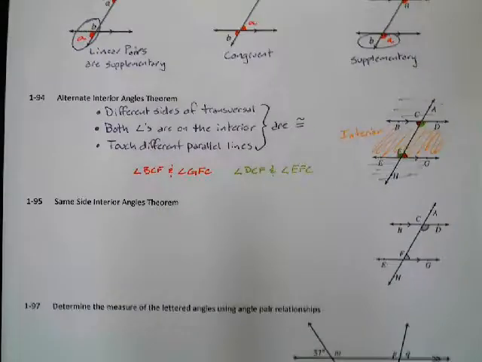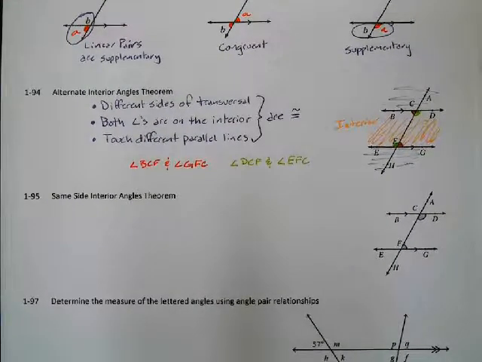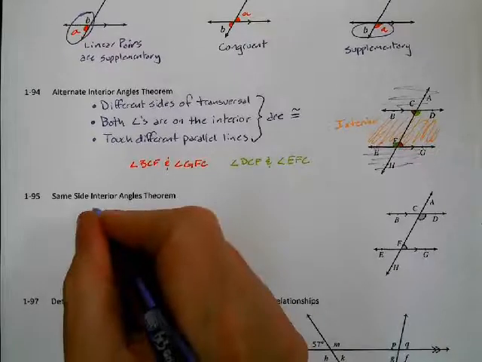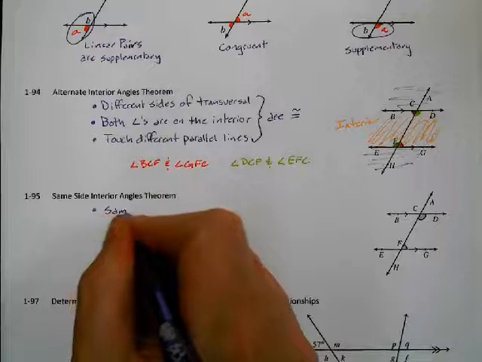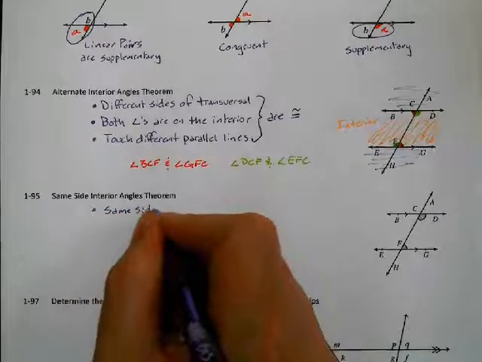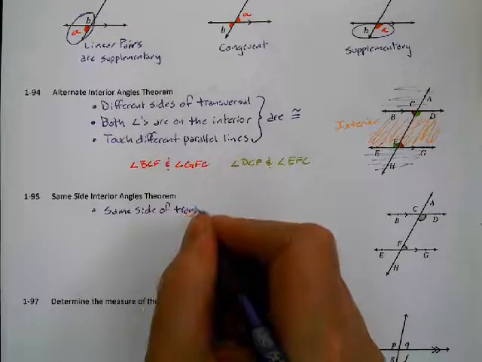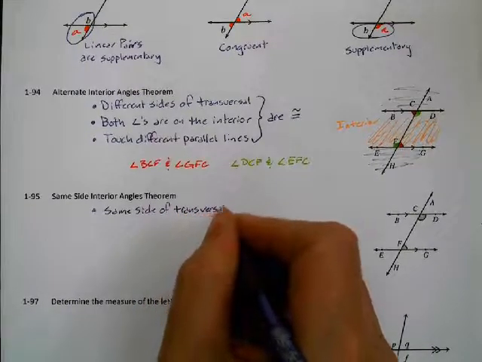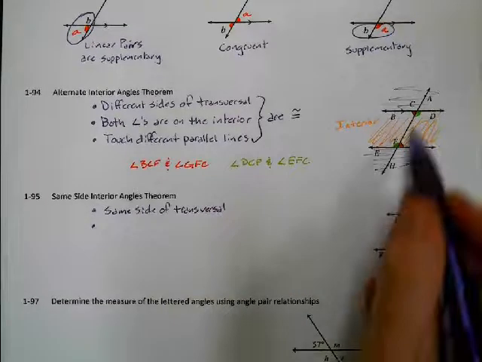Same side interior angles. The words same side mean they're on the same side of the transversal. The previous one, they were on different sides. This is the same side of the transversal. The word interior means, just like the last one, they're going to be on the inside, in this yellow area.